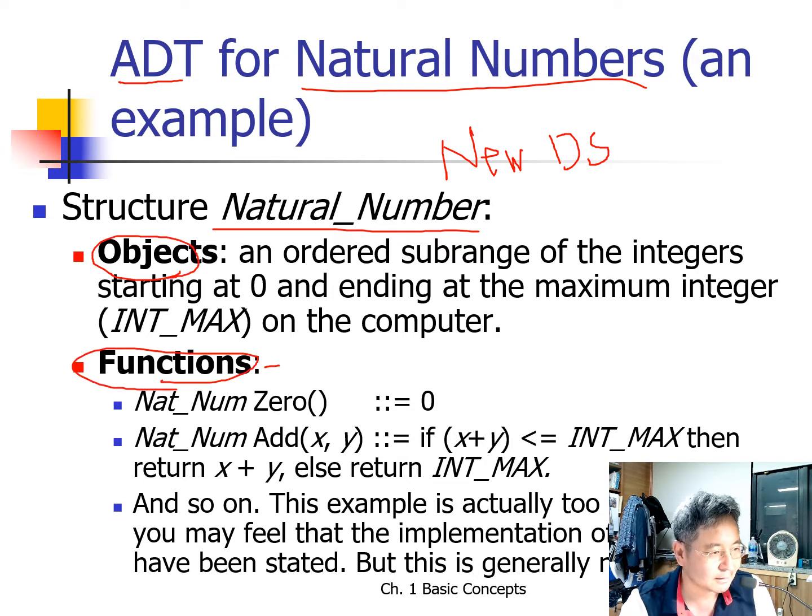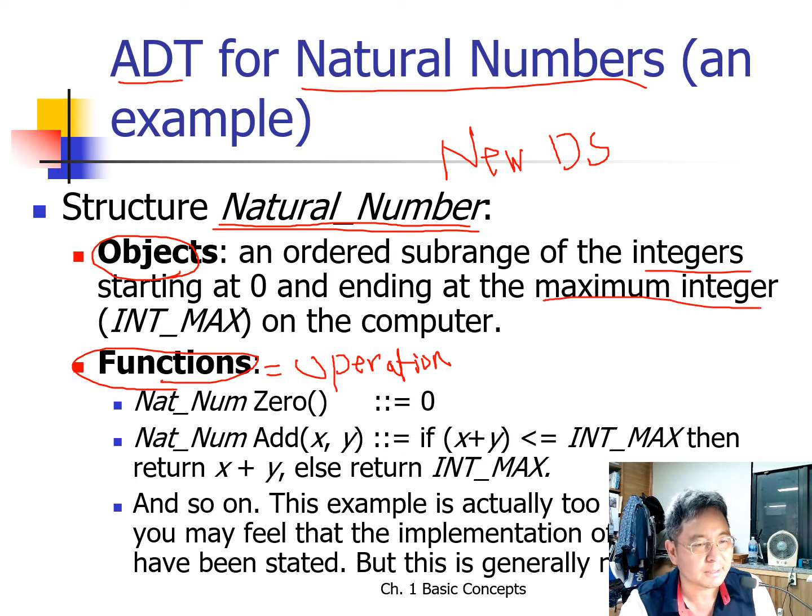Functions are operations; it is the same meaning. We define the object to store data. To store natural numbers, we need an ordered subrange of integers, starting at 0 and ending at the maximum integer in the computer. That is the object definition.